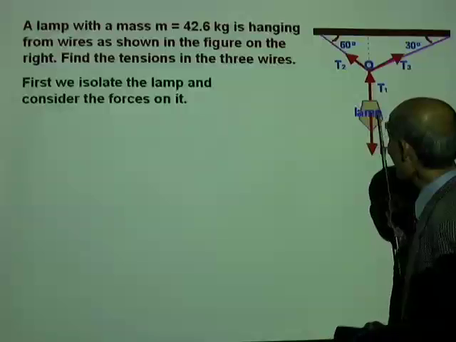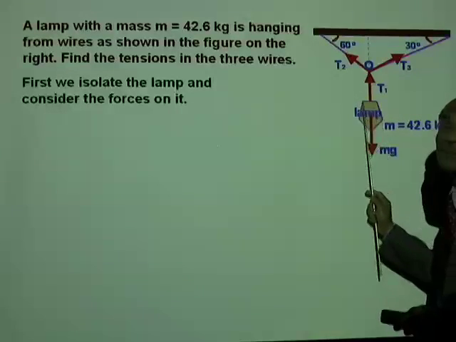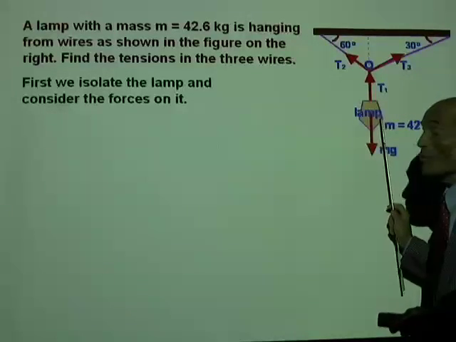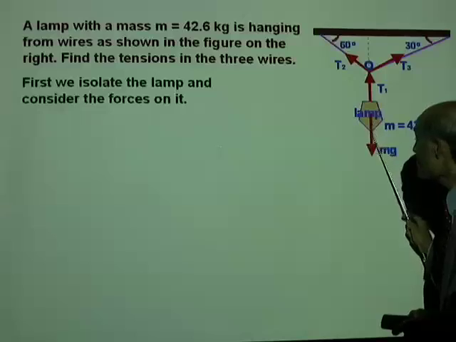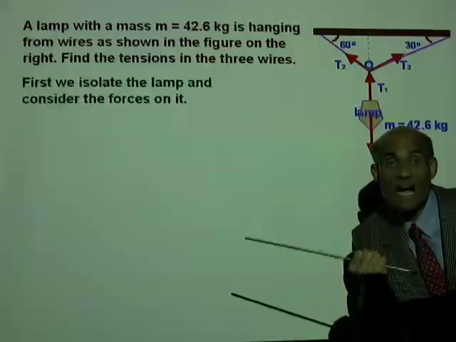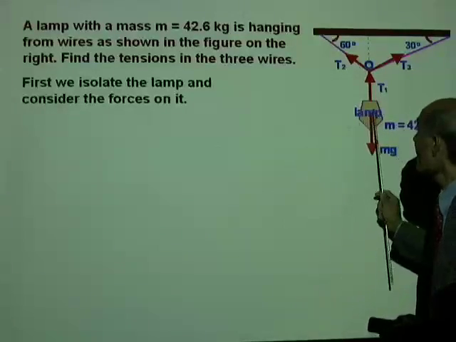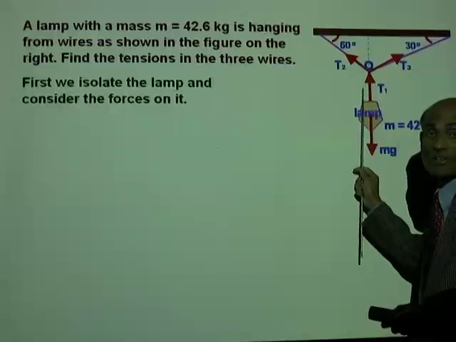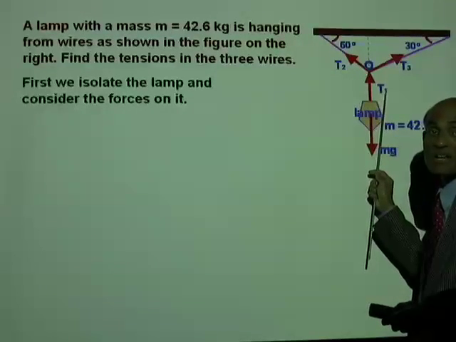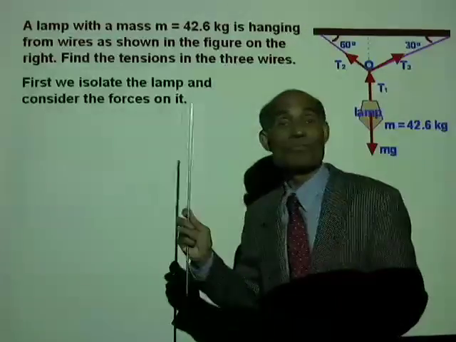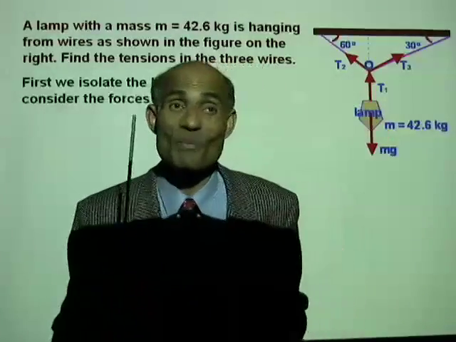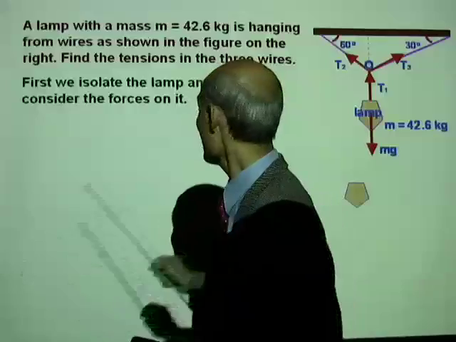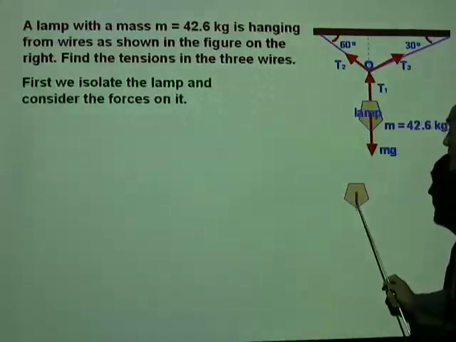Tell me, what are the forces acting on the lamp? One force acting on the lamp is its weight acting vertically down, and the lamp is held in position by this cable, and the tension on that cable is T1. Those are the two forces on the lamp. Alright, so I have now the lamp here.